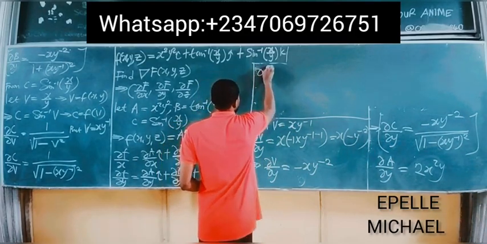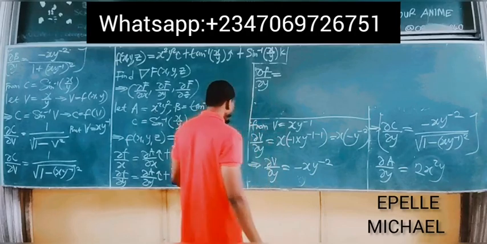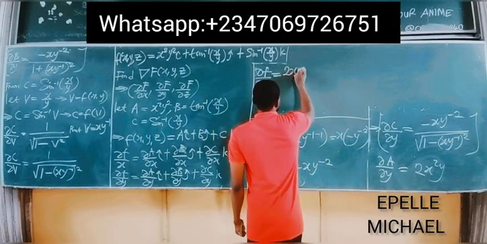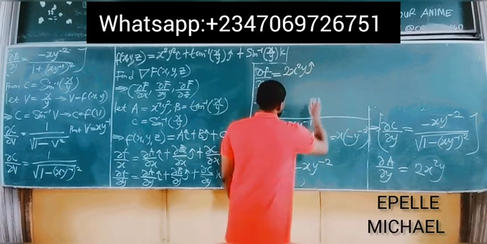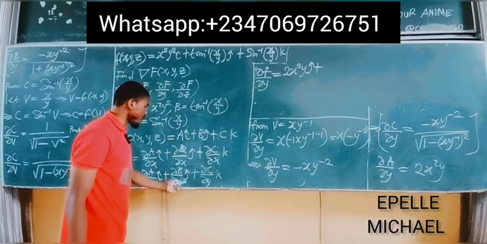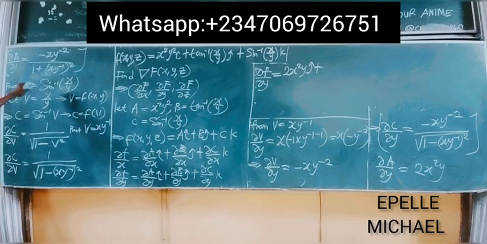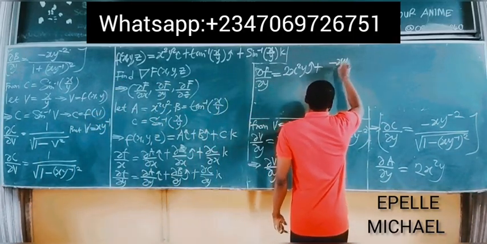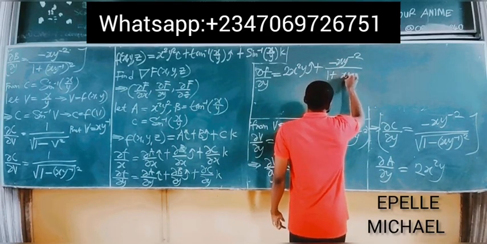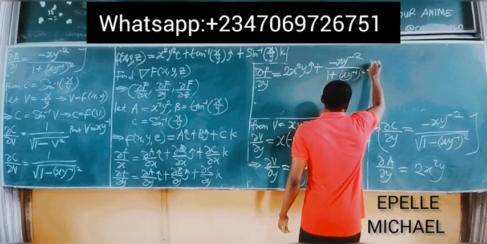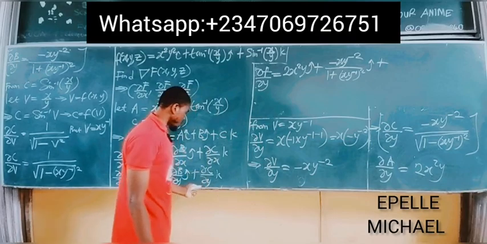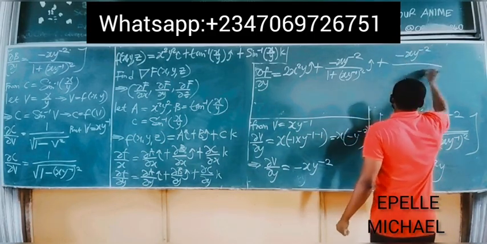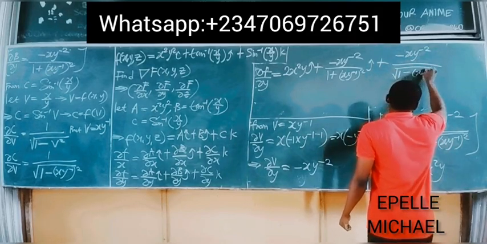So the second vector, partial f over partial y, is equal to partial a over partial y i, and partial a partial y gives us 2x squared y i, plus the next one, partial b over partial y j, and partial b over partial y simply gives us minus x y to the power of minus 2 over 1 plus x y to the power of minus 1 all squared j, plus the final vector is partial c over partial y k, and partial c partial y gives us minus x y to the power of minus 2 over the square root of 1 minus x y to the power of minus 1 all squared.